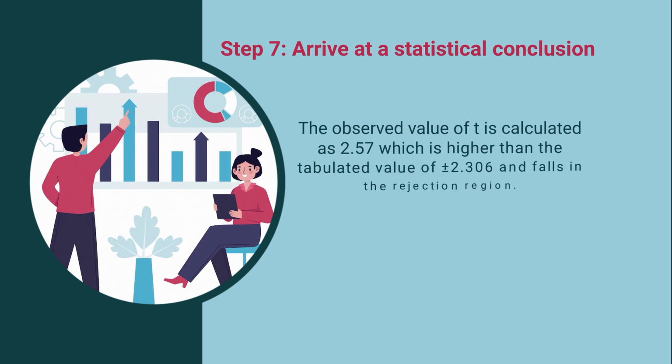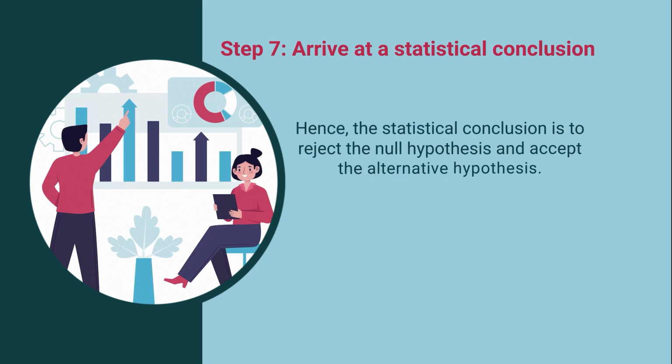However, the observed value of t is calculated as 2.57, which is higher than the tabulated value of plus minus 2.306 and falls in the rejection region. Hence, the statistical conclusion is to reject the null hypothesis and accept the alternative hypothesis.